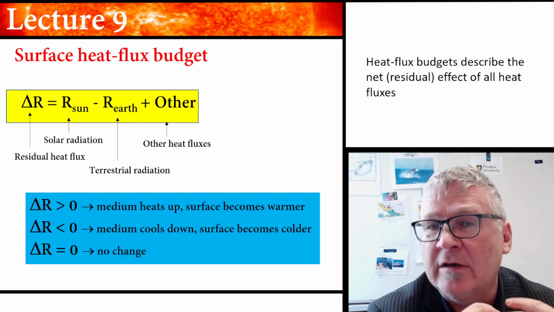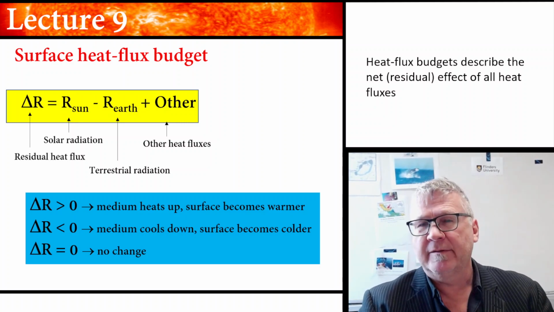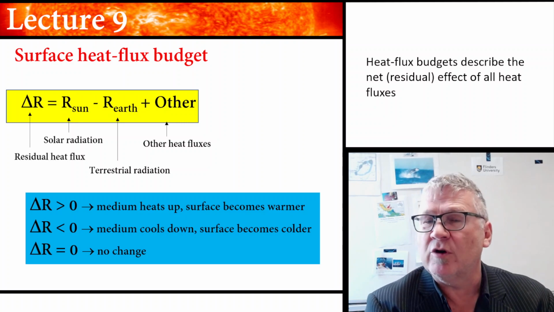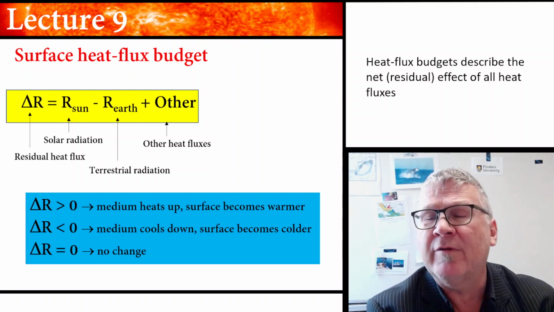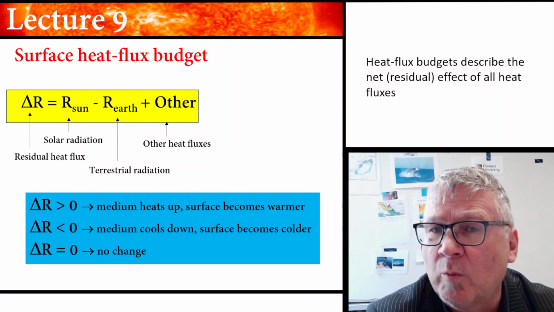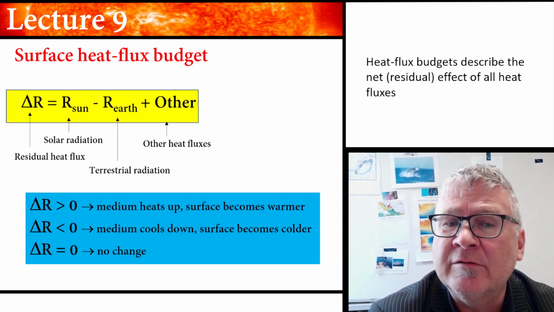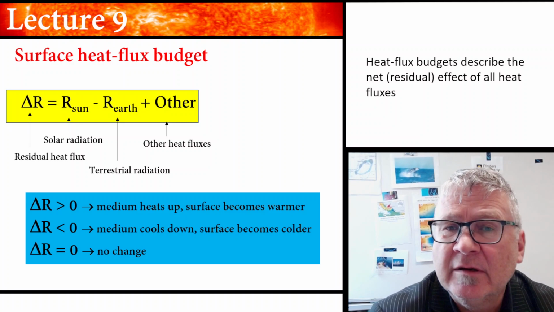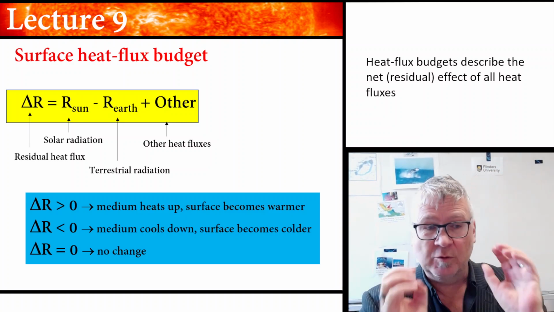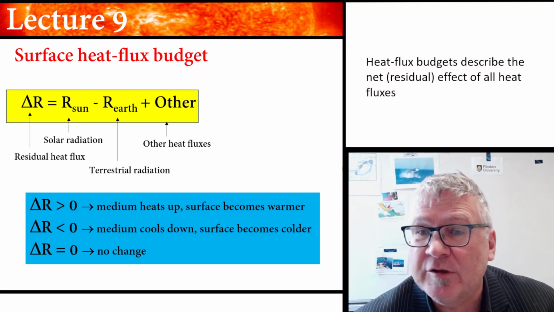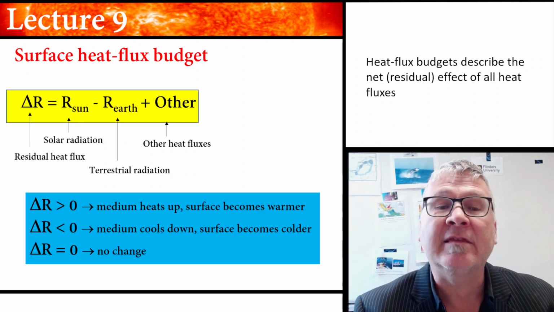Say if you just increase it by 10%. What's the consequence? Or you change the terrestrial radiation. You make the Earth warmer and you increase the radiation that comes from Earth.